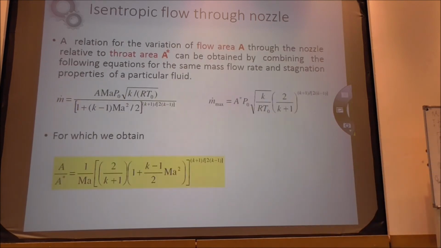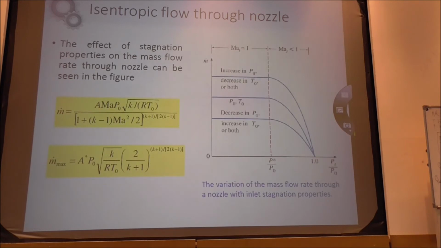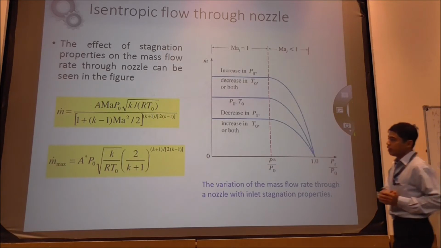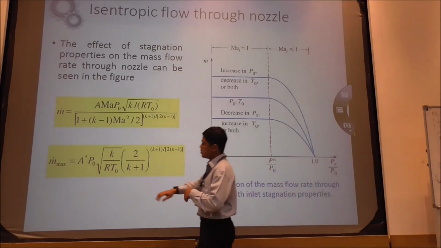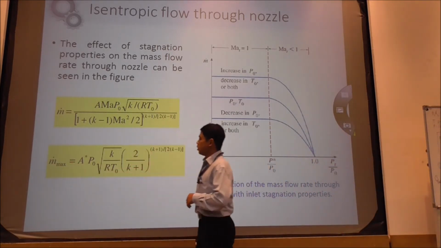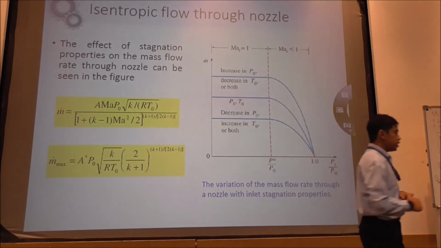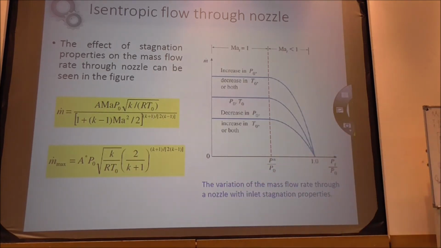One more thing is that when you are reaching the critical condition, your mass flow rate will be the maximum mass flow rate. So if you have reached the maximum mass flow rate, the only things that can change your mass flow rate are the stagnation condition and the area.